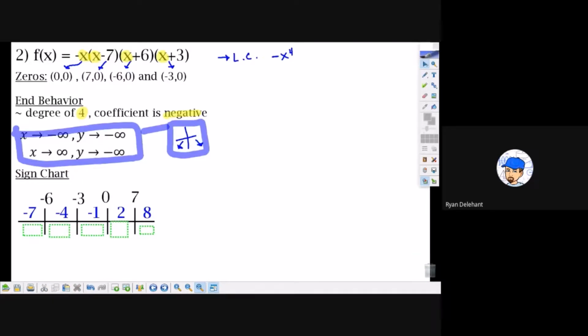Now, we are pretty sure, because we did the lead coefficient, that both of these should be negative. We're going to check them just because it's always good to make sure we have all the signs that we're supposed to.